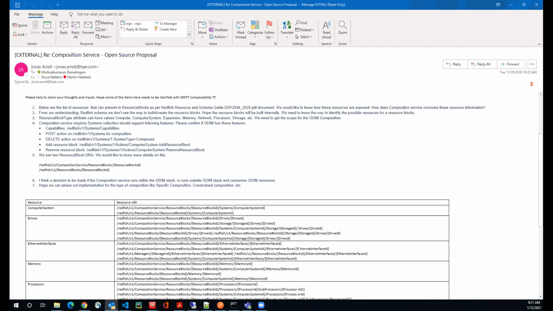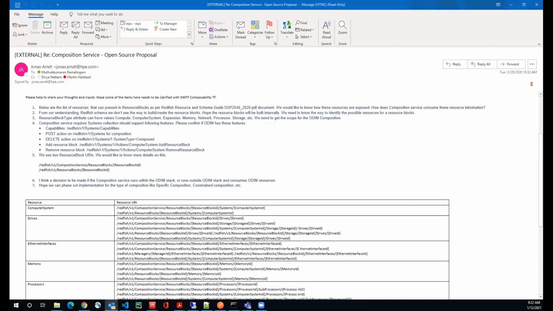Is there a data model encoding of that information model that is shared by all management services? And if that's the case, how does that happen? So what about the specific questions here from Muthu on the POST, delete, add resource block, remove resource block? He's asking if ODIM has these features.